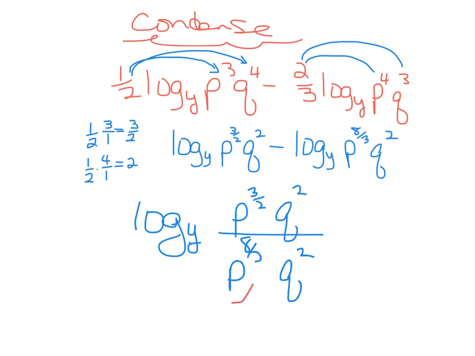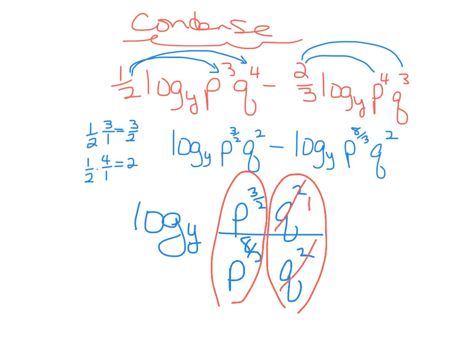I have some p's that have the same base, so I'm going to subtract their exponents to simplify this, and then the q's. Notice q squared divided by q squared is 1. But for the p's, I need to subtract these. So 3/2 minus 8/3. I need to find a common denominator.